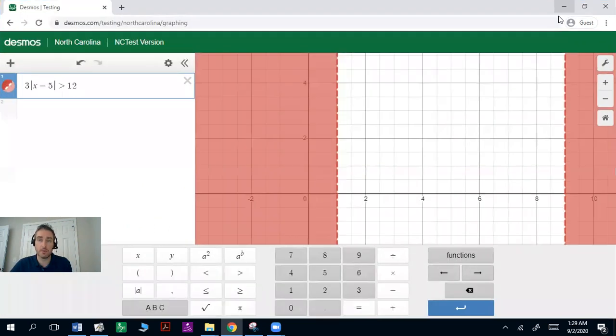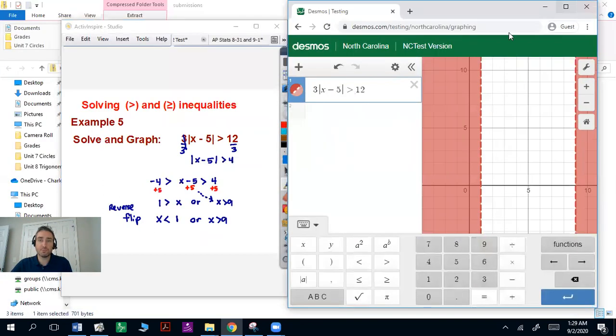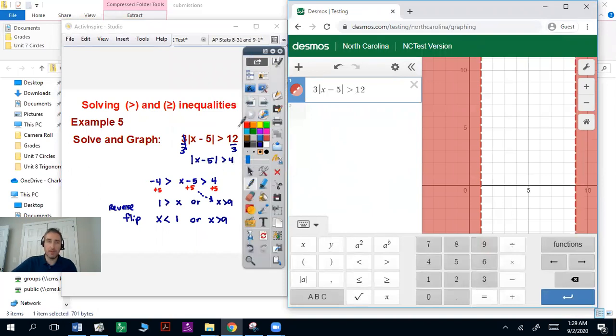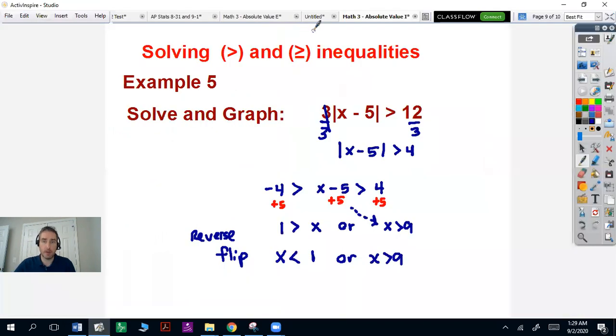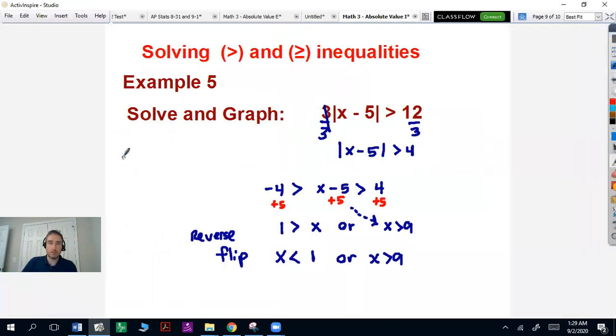They're disjointed, they're separate. So on a number line, this would look like arrows pointing in opposite directions. And also, because I don't have equals under these, it's going to be an open circle. So if I got a 1 and 9 there, my solutions would be anything less than 1 and anything greater than 9.